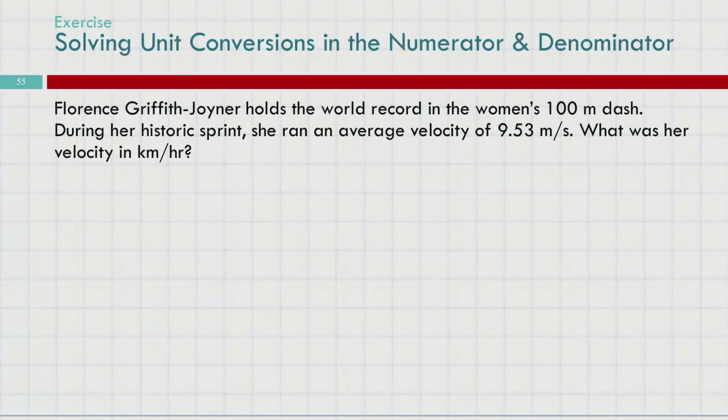All right, what are we given? The 100-meter dash, 9.53 meters per second, and kilometers per hour, right?